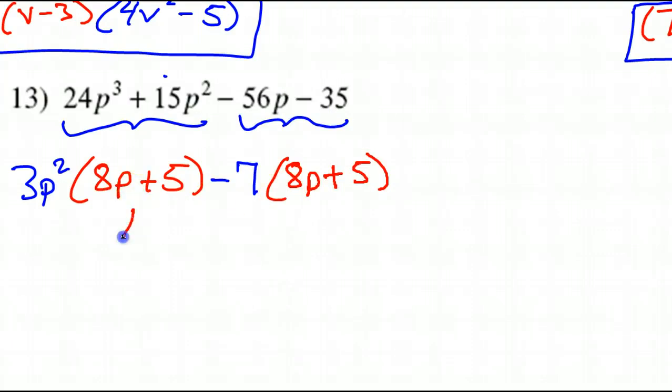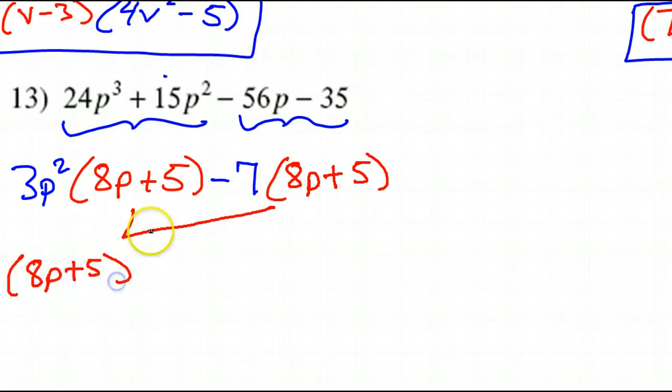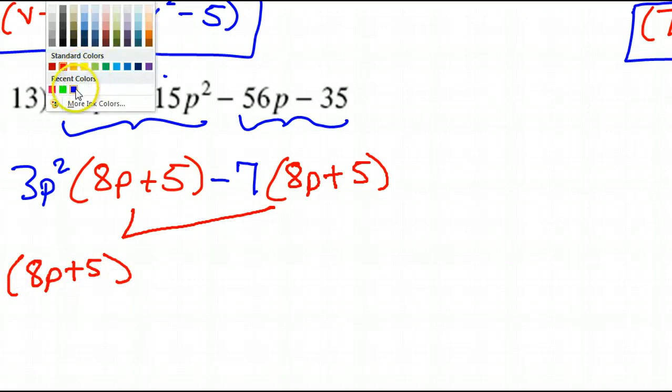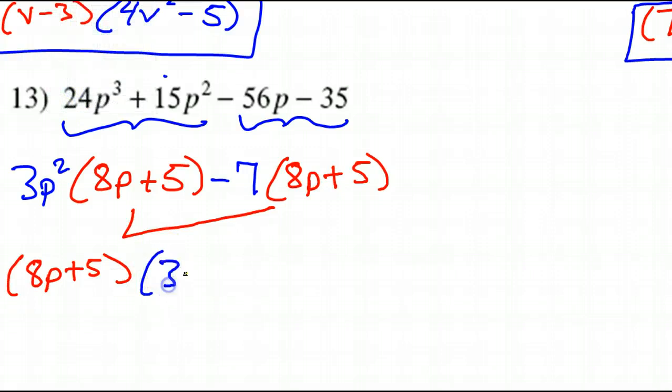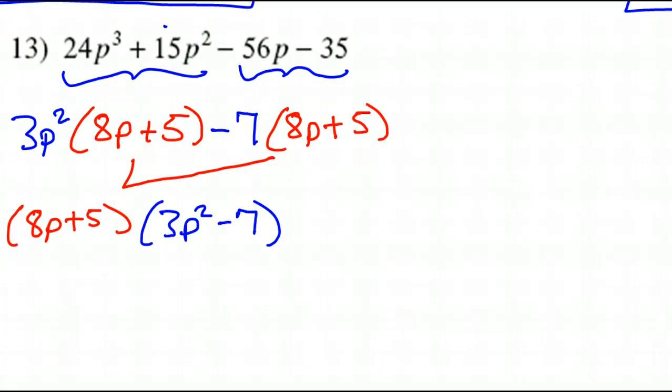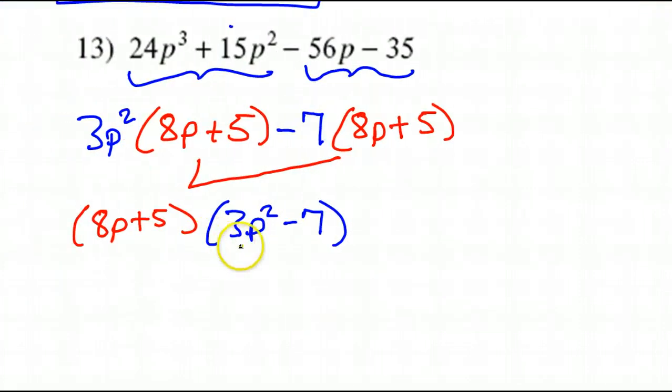Oh, look, luckily the parentheses are the same. So that's going to be 8p plus 5, and then we will have 3p squared minus 7. Okay, so that is your answer to number 13.